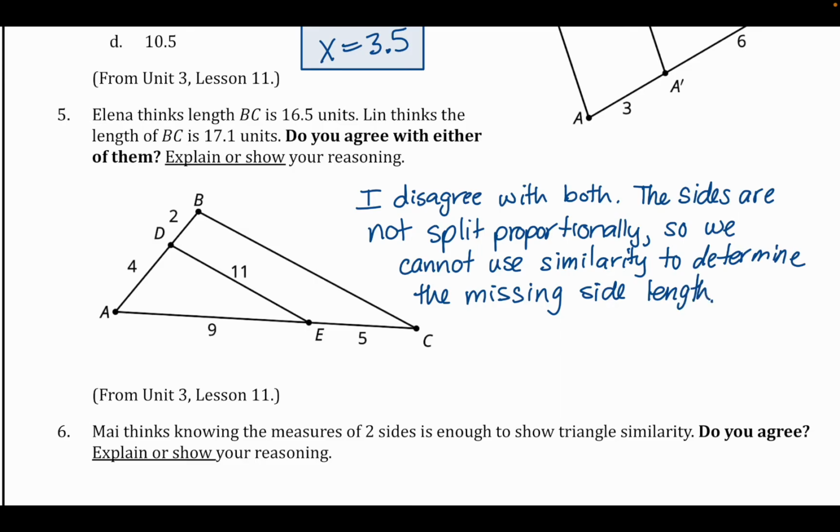And that's it. We're just saying, hey, you know what? I don't think we can actually even find this at all because the sides are not split proportionally, so we can't really use any of these numbers here to find the missing piece.